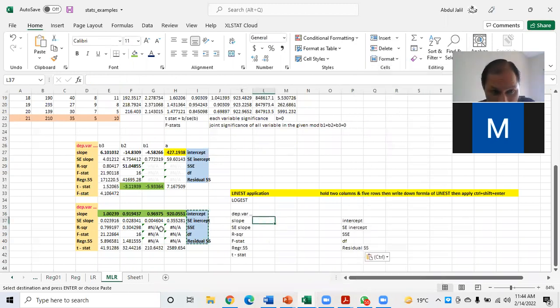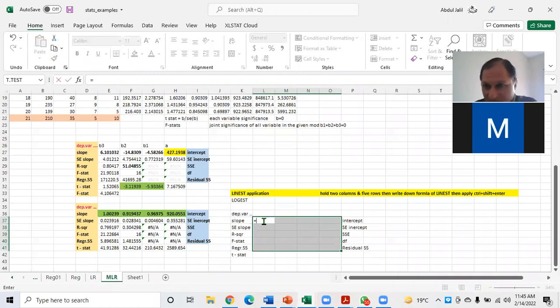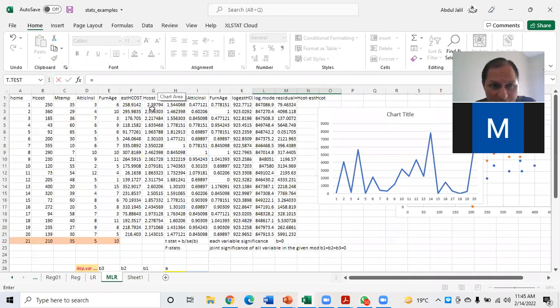Instead of applying log estimation, you will apply line estimation, after converting all these variables into log form. So already we have converted these variables into log form. All these are in log form. I may color it for your convenience.